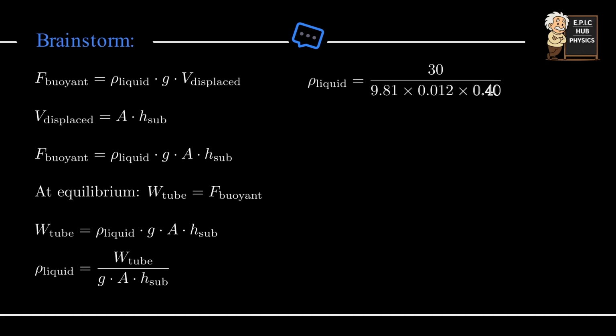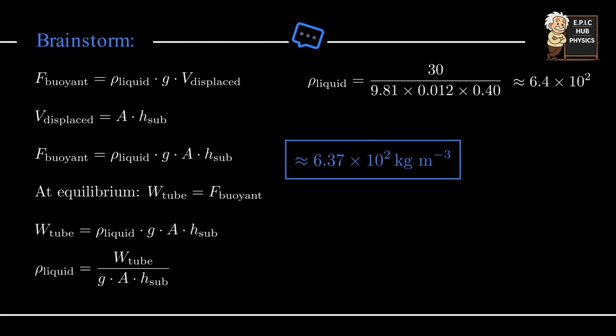Substituting these values gives density equals 30 divided by 9.81 multiplied by 0.012 multiplied by 0.40. Evaluating this expression gives approximately 6.4 times 10 to the power of 2 kilograms per cubic meter. So, the density of the liquid is approximately 6.4 times 10 to the power of 2 kilograms per cubic meter. This is our final answer for the density of the liquid.